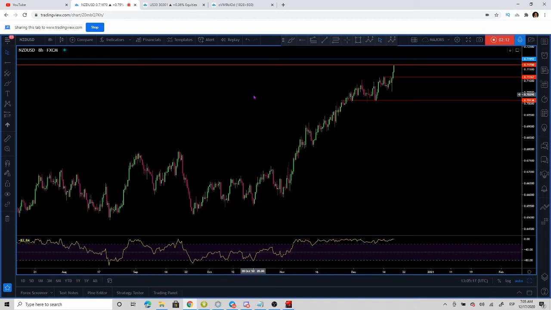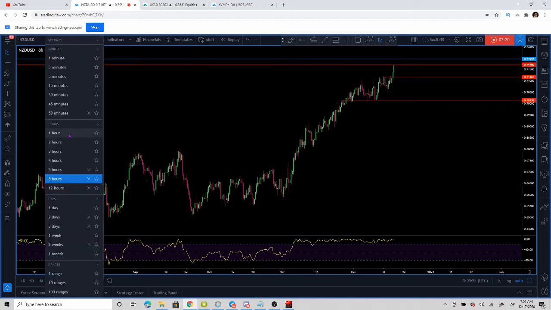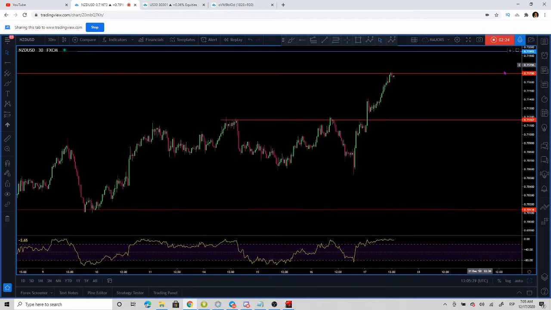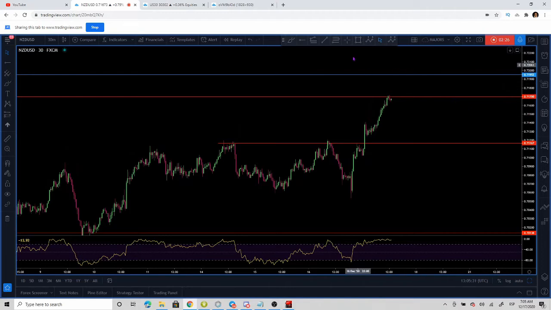Remember that key levels are zones, so we need to wait for the real rejection. But let's go back to the 30-minute chart again, and as you can see, the zone gets a little bigger, but it's completely fine because it is quite a big key area.